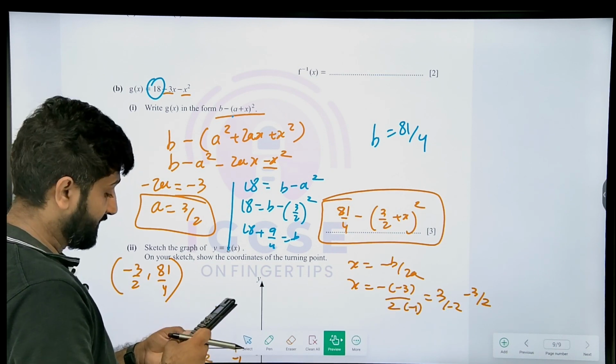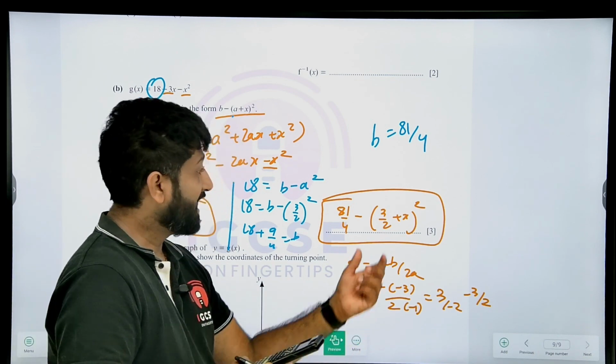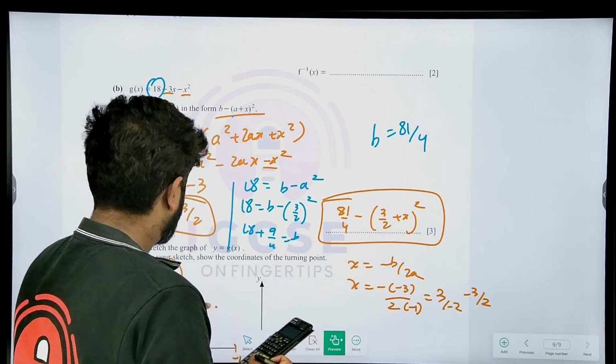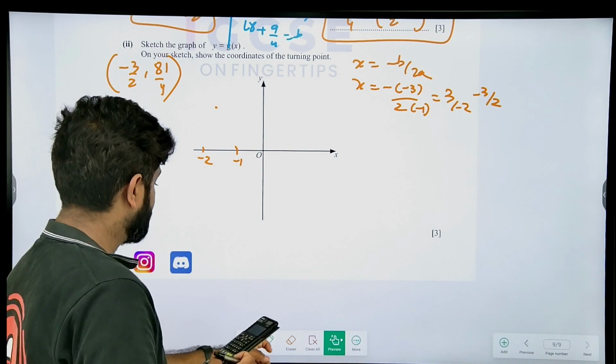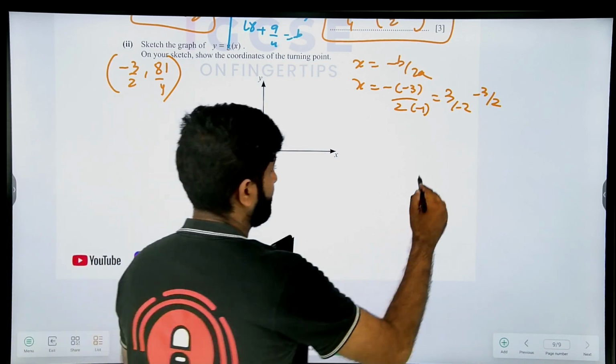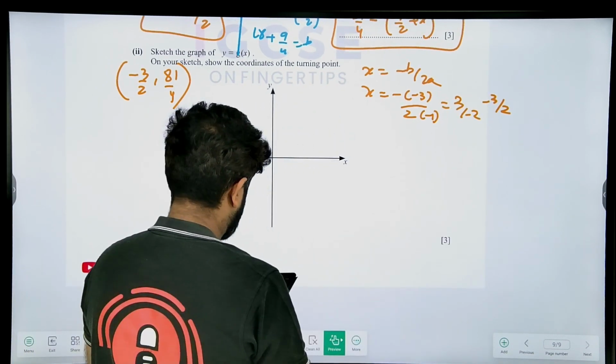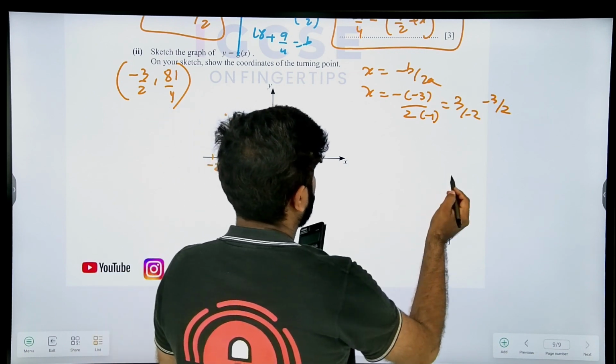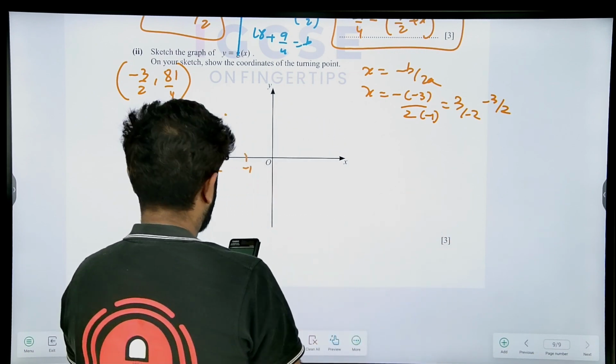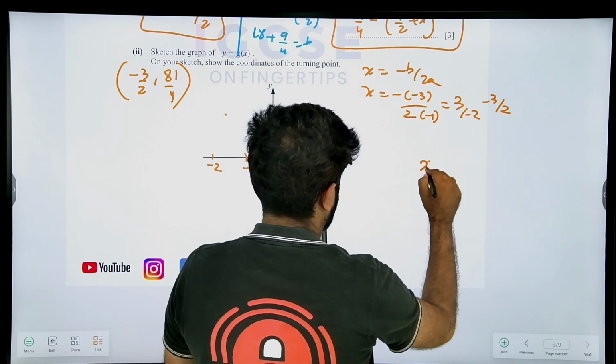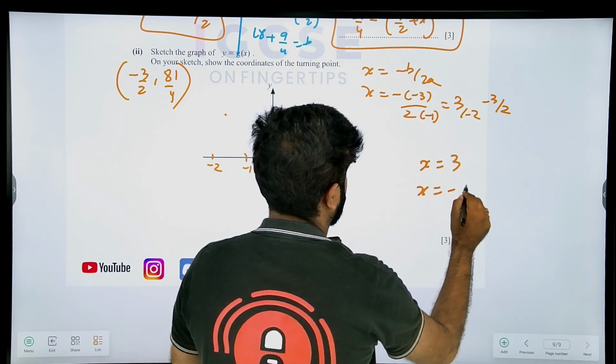You can also find the intercepts using the completing the square method. I will leave that for you. For now, I am telling you that the intercepts are x equals 3 and x equals negative 6.